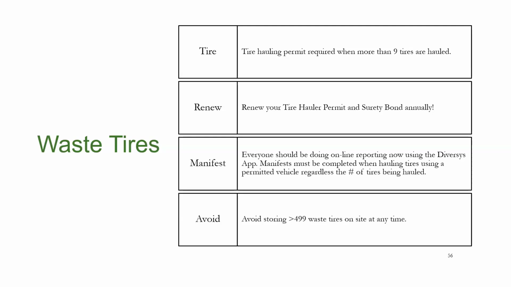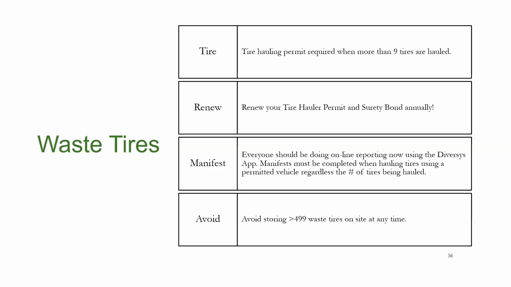Waste tires. Tire hauling permits are required when more than 9 tires are hauled. You need to renew your tire hauler permit and surety bonds annually. Manifest, everyone should be doing online reporting now or using the Diversus app. A manifest must be completed when hauling tires using a permitted vehicle, regardless of the number of tires hauled.